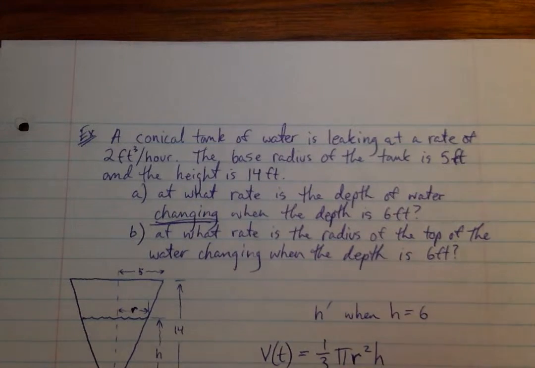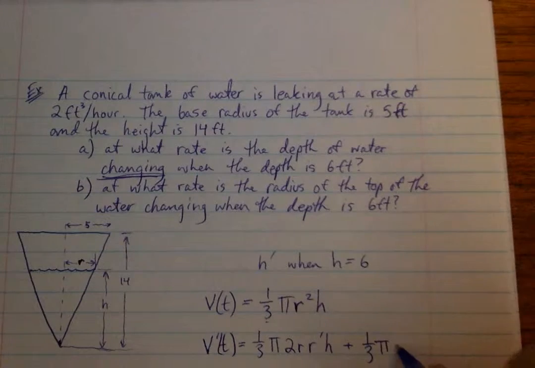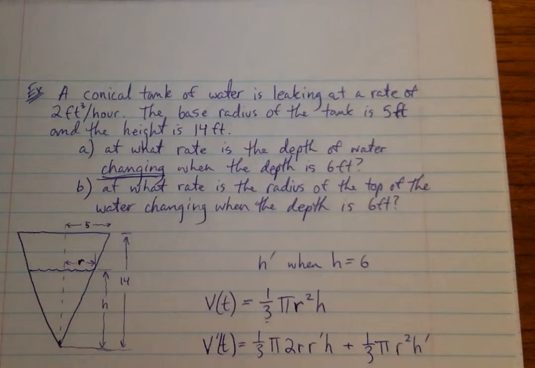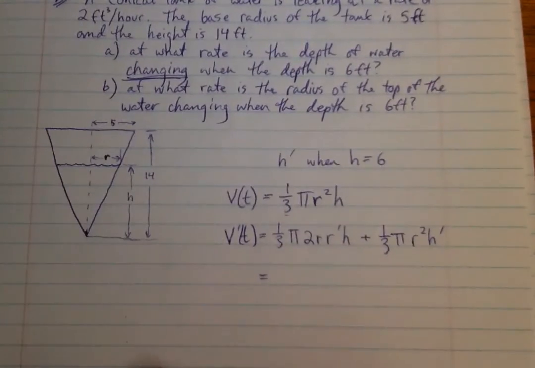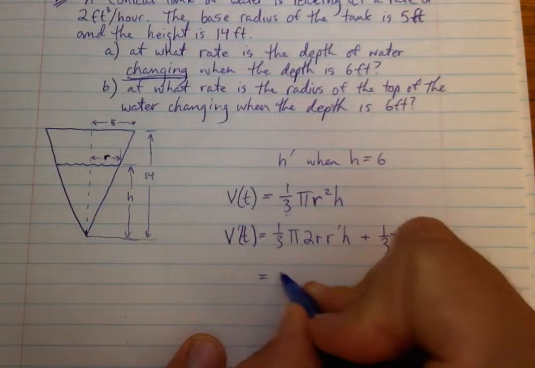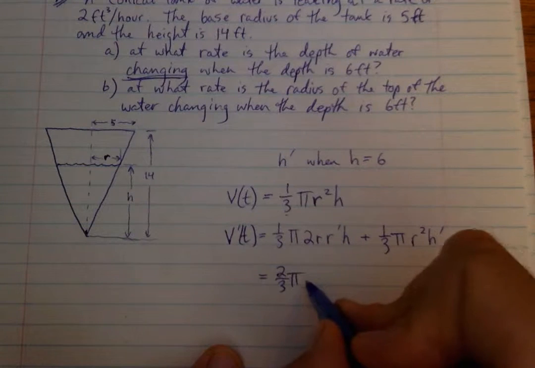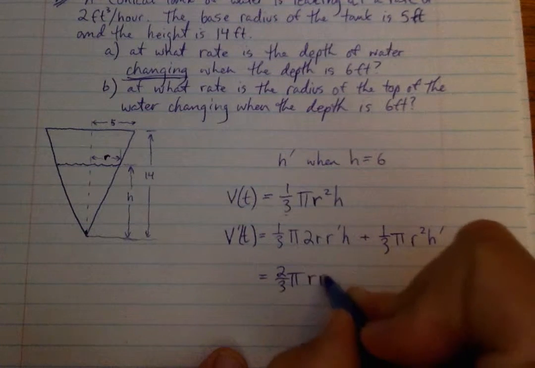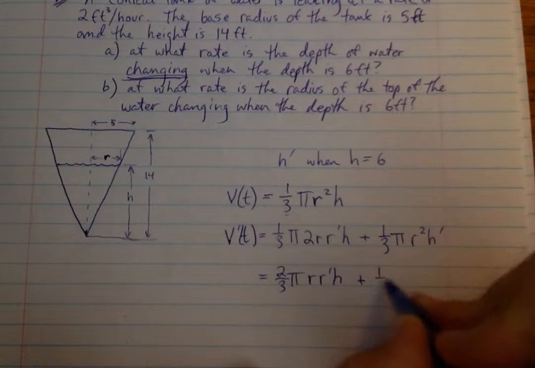Looks like a Welsh word or something. And then we have plus 1/3 pi times r squared, and then h prime is the derivative of that. We absolutely should tidy that up because we are tidy, and that gives us 2/3 pi r prime h. And then this side is already pretty tidy.